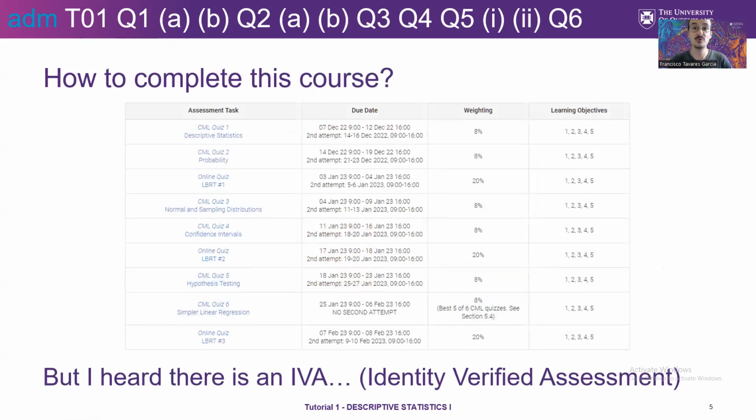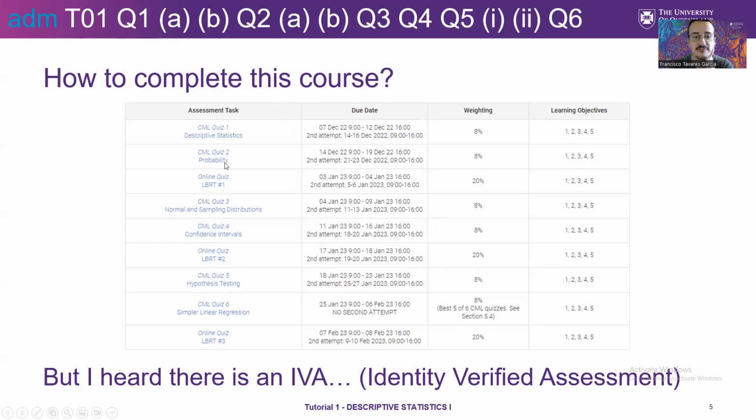So the most important thing you need to know is how to complete this course, how to pass, right? Pretty important. You will see that we have 2 CMLs, quiz 1, quiz 2, and then 1 LBRT. Then 2 CMLs, 1 LBRT. 2 CMLs, 1 LBRT.